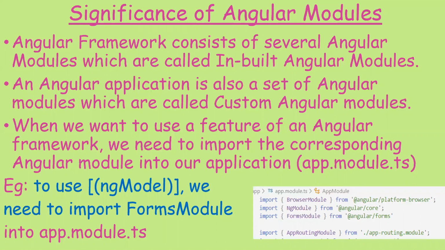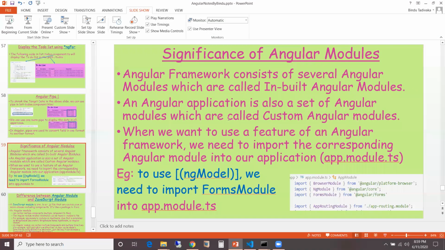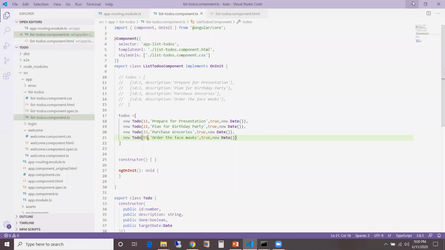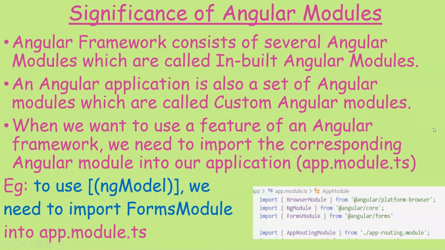Another thing is that an Angular application, that means the application that we created, the to-do application, this code that we are writing here, also contains one or more Angular modules, and these modules are called custom Angular modules. So basically the Angular framework is a group of Angular modules which are called inbuilt modules. And an Angular application is also a group of Angular modules which are called custom Angular modules.